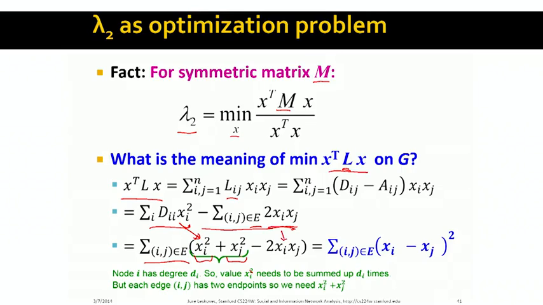So this is simply a summation over all the edges of xi minus xj, squared. What we have just shown is that x transpose Lx equals a summation over all the edges, where I take the label of one endpoint of an edge, subtract the value of the other endpoint, square it, and sum this over all the edges.